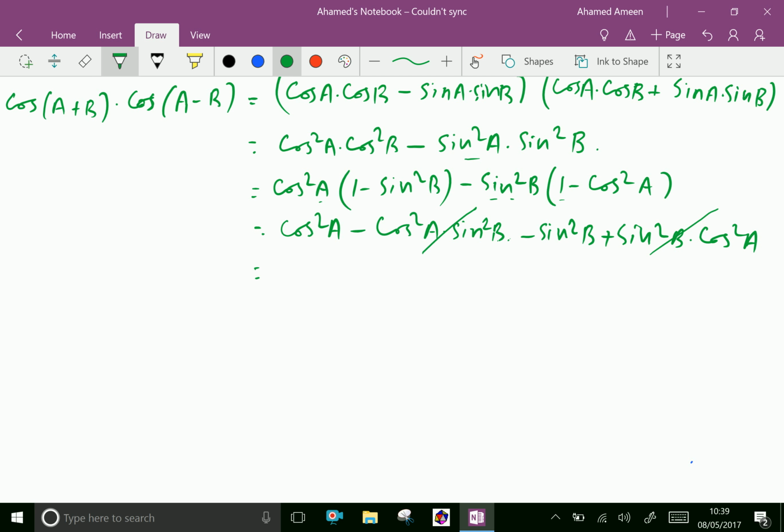Then we can write the remaining things, cos squared a minus sin squared b. We proved that is cos(a+b) into cos(a−b) equal cos squared a minus sin squared b.